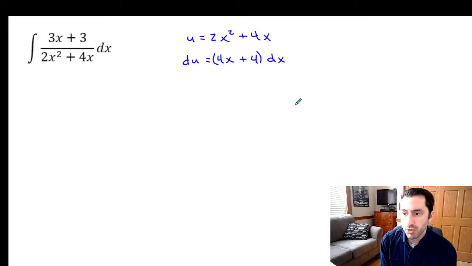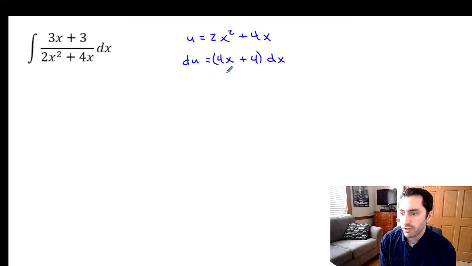So the way we set up u, the entire denominator will be substituted for just the variable u. But now trying to replace dx and the numerator here, it doesn't really match up with what we found for the derivative of u. So we might have to work with this a little bit.